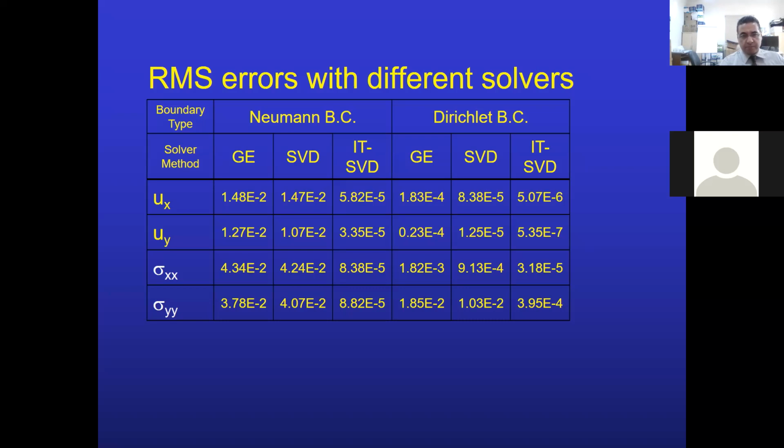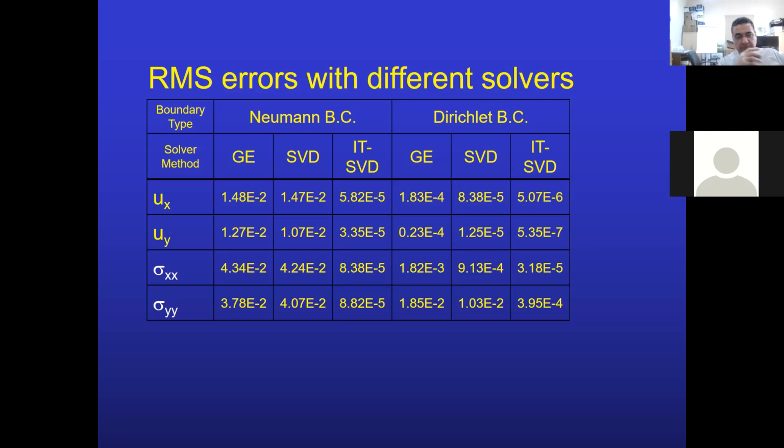So we can see, for instance, with the displacement in u of x, that Dirichlet is about 100 times better than the Neumann boundary condition.